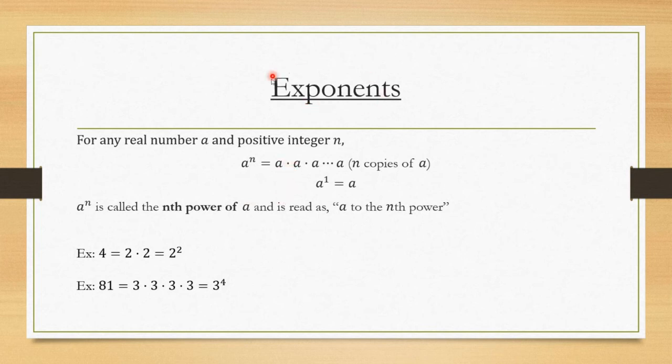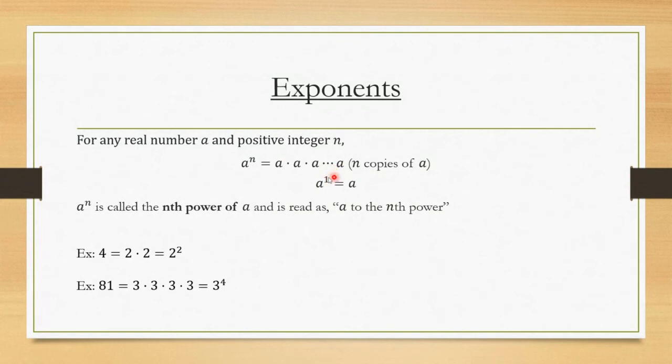we have this idea of exponents. And namely, for any real number a and any positive integer n, or if you want natural number n for us, we define a to the n to be a times itself n times.